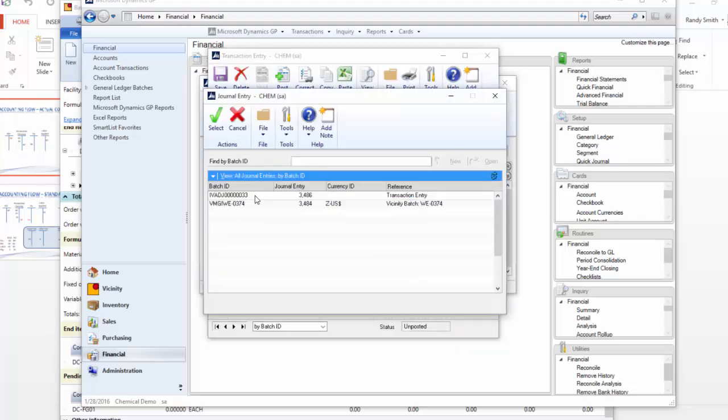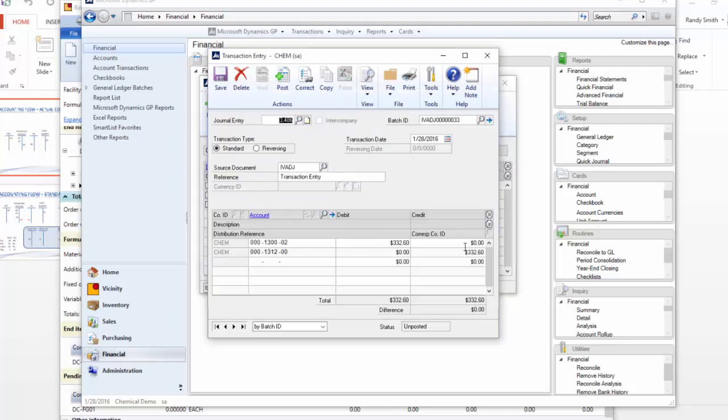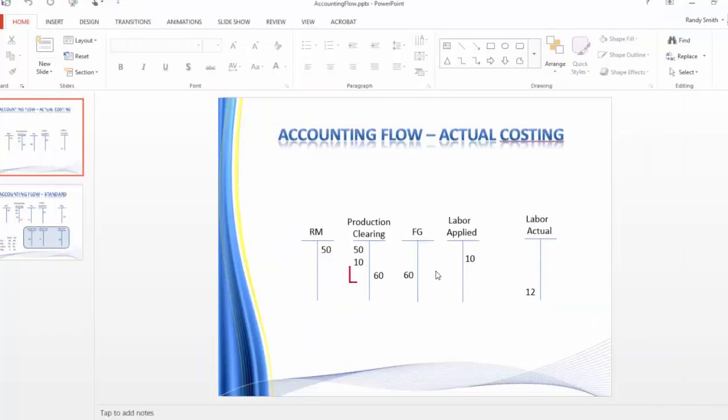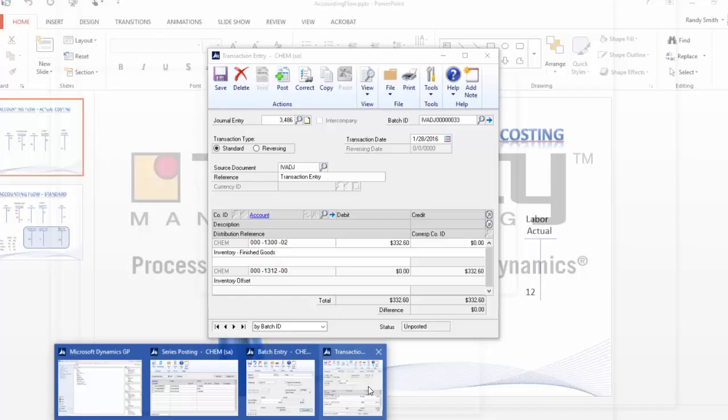You can see what's going on. My finished good is being debited in this case, and my offset account is being credited. And getting back to our T account, the journal entry I just brought up is this transaction right here that's represented of the 60.